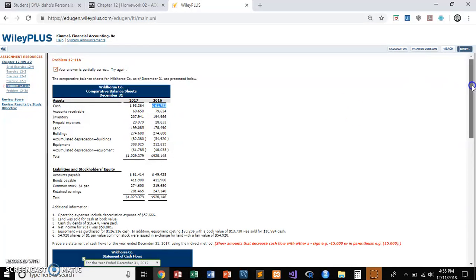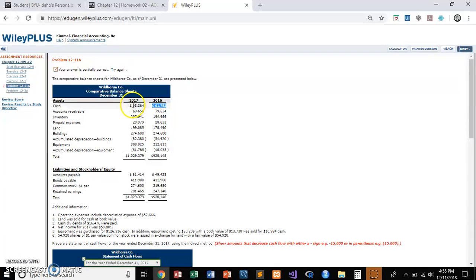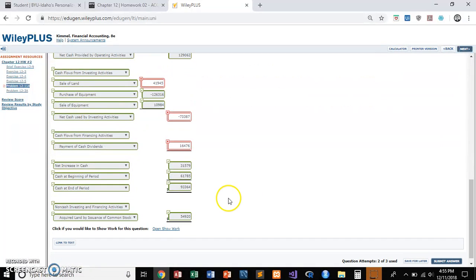So we're going to take $61,785 and just record that right here. And then 2017, we're going to take that $93,364 and record that as cash at end of period. And then the net increase in cash is just the difference between these two numbers.